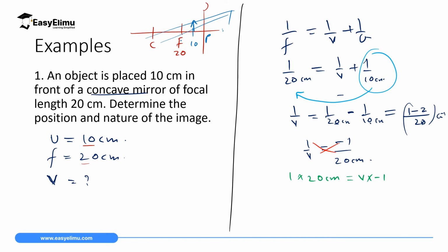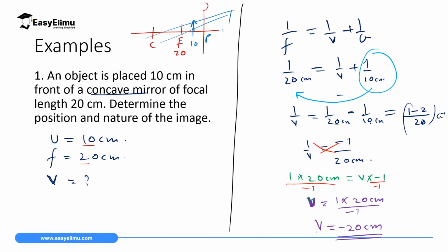Then for us to get V, we will divide by negative 1 on both sides. Now our V is going to be 1 times 20 centimeter divided by negative 1, which gives V is equal to negative 20 centimeter. So as you can see, V, the distance of the image from the mirror, is negative 20. It means it's behind the mirror.